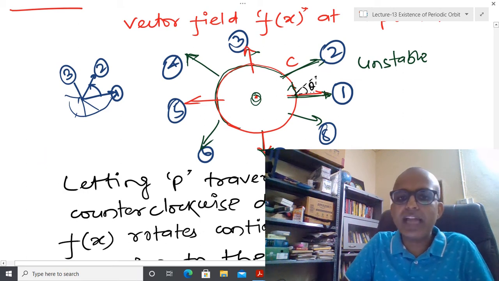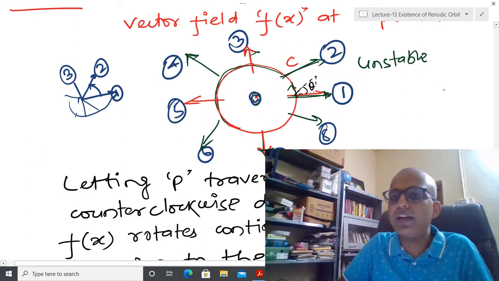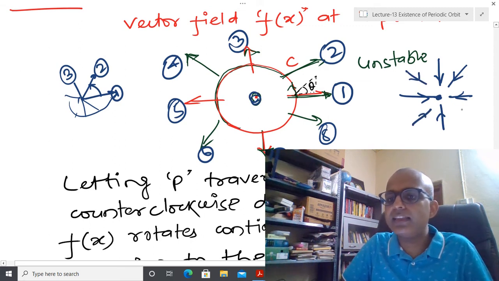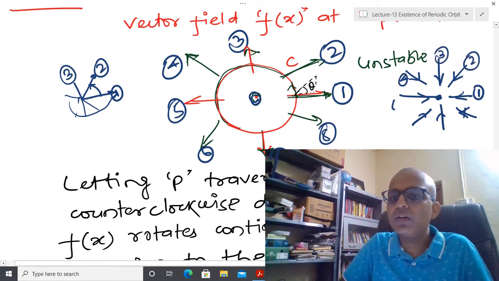Similarly, suppose that instead of this unstable node, I have a stable node, then I have this kind of situation. The vector field is pointing towards this, like this. Again you can give the numbers 1, 2, 3, 4, 5, 6, 7, 8.